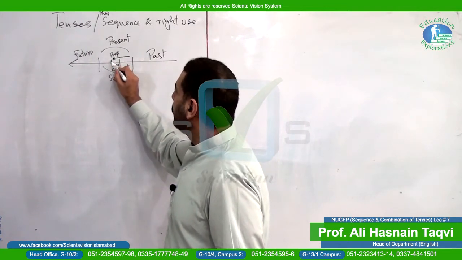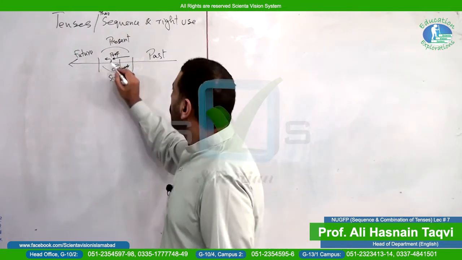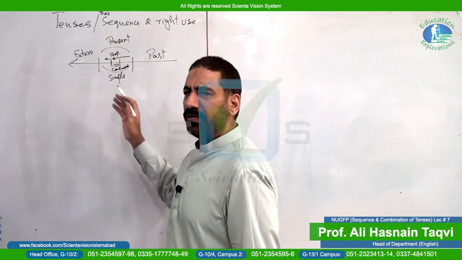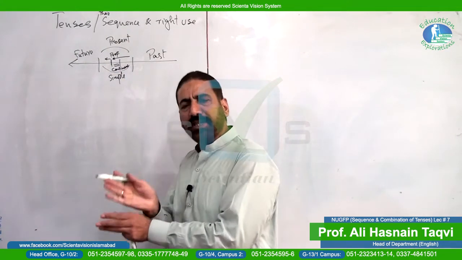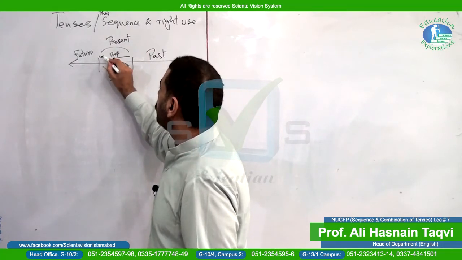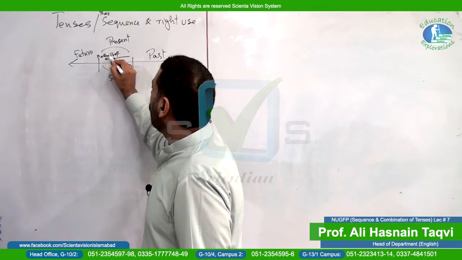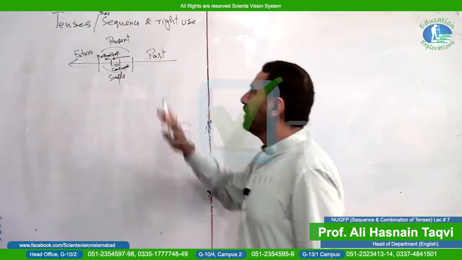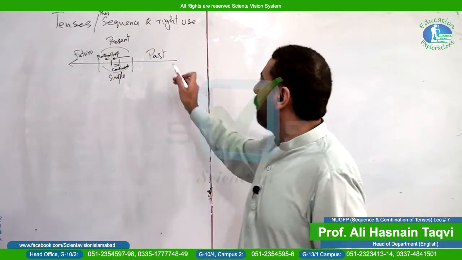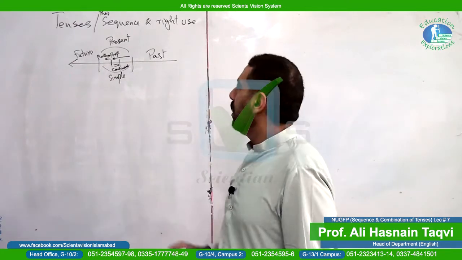And if after even reaching this destination, after completion it still goes on, that is perfect continuous. So you would see these four shades in every time reference, be it past or future.